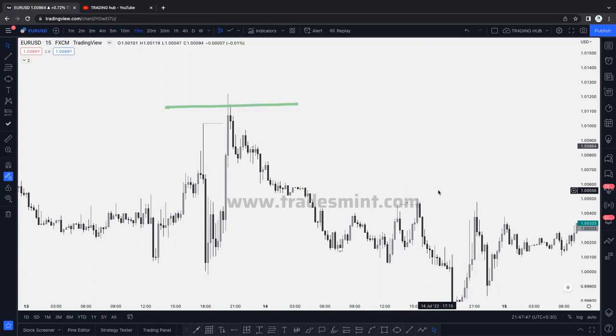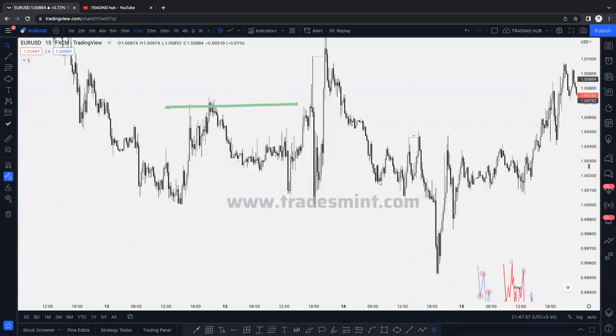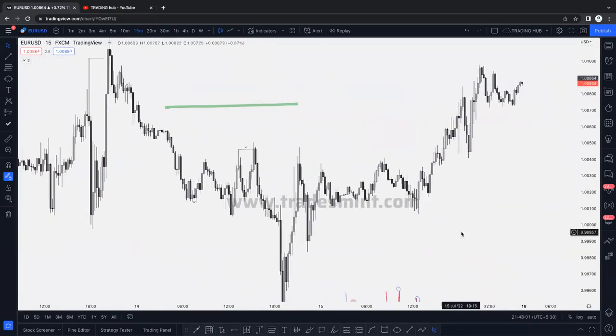Okay, when you switch to a slightly higher time frame, you can see the bigger picture. So this is also a liquidity sweep on the 15 minute, correct?